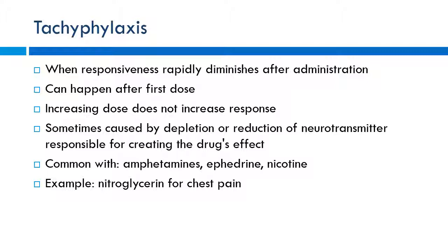They get no additional coronary vasodilation. They still have that angina. By having a 12 on, 12 off period, you give the body time to replenish itself, and then when you put it on for the next 12-hour period, it works again. It's called tachyphylaxis. It doesn't matter how much more nitroglycerin I give. Once the body is depleted, it's done until you give it time to reset itself. Does that make sense? So you know the difference between tolerance versus tachyphylaxis, because they are quite different from one another.